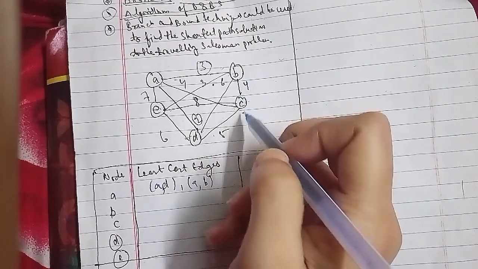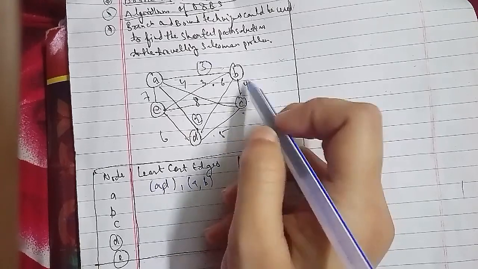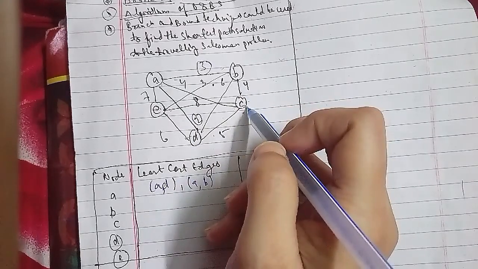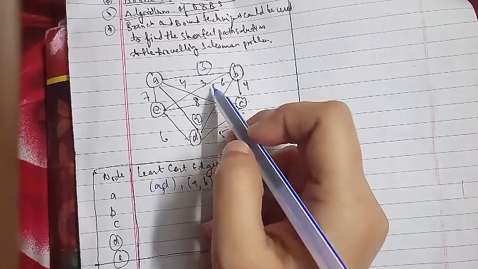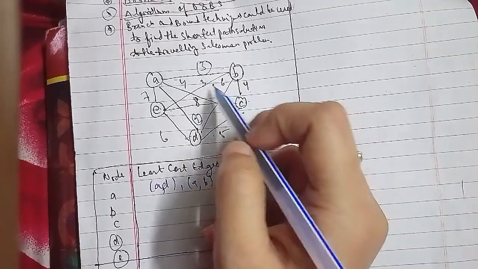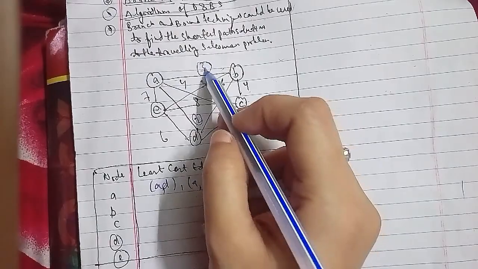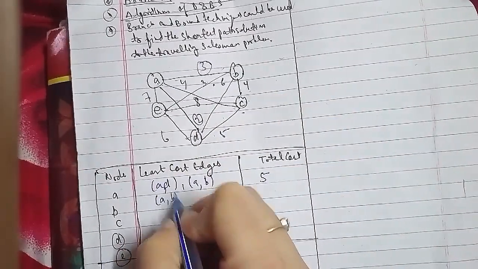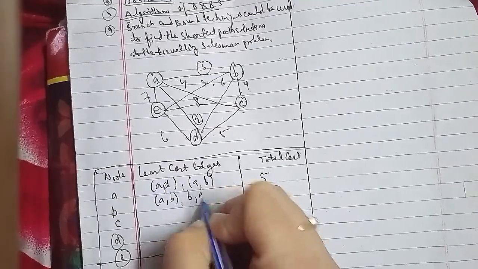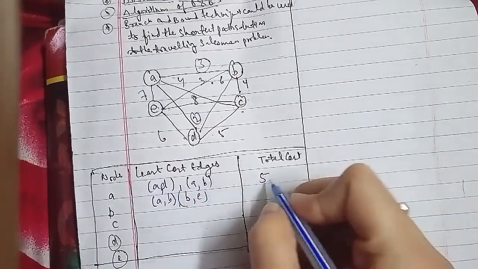Here this is 4, this is also 4, and then this is 5, so 4 and 4 are the smaller two, so C comma B and C comma A, 4 plus 4 that is 8.